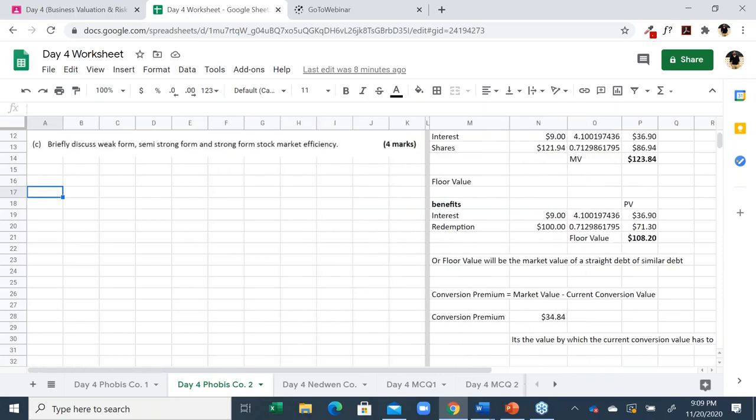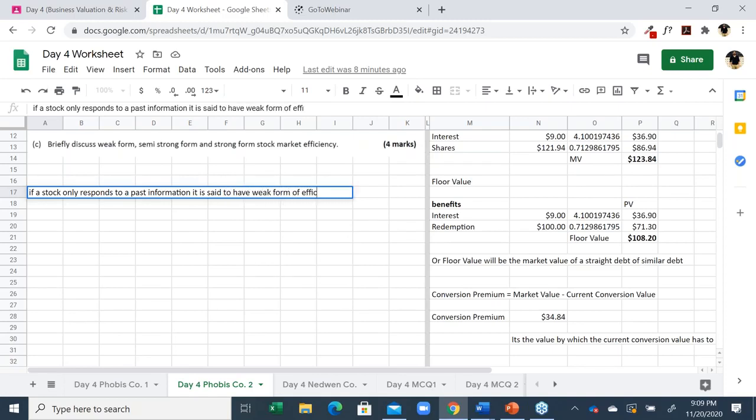Now, if a stock market only responds to a past information, it is said to have weak form of efficiency.